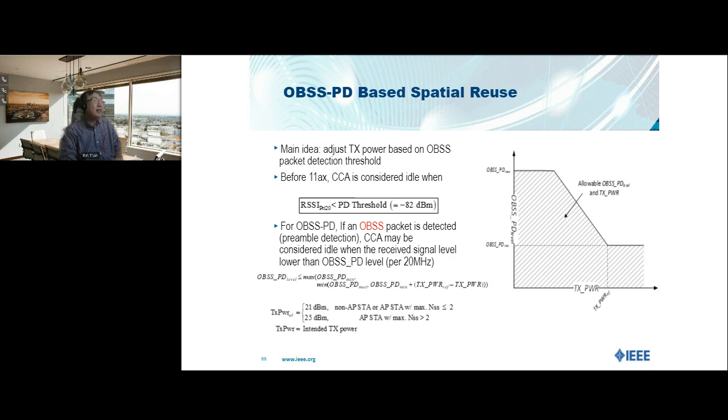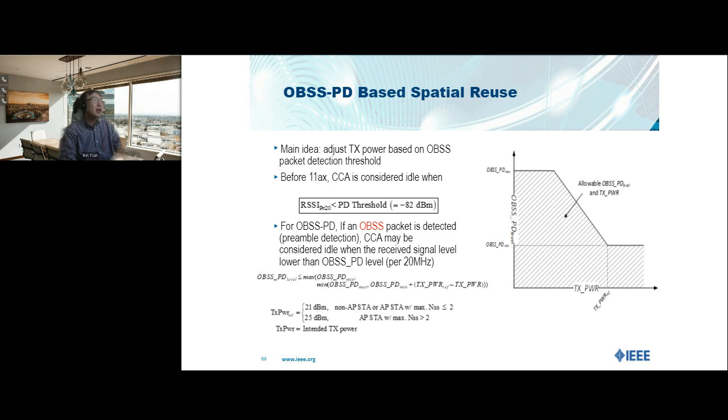The line there is the OBSS-PD level. Now, instead of one straight line of PD level, it's a function of the TX power. Okay, so if the TX power is very large, you can only use the OBSS-PD minimum. Once you start to drop from a reference power, you can exchange almost dB by dB by dropping the TX power against the OBSS-PD level.